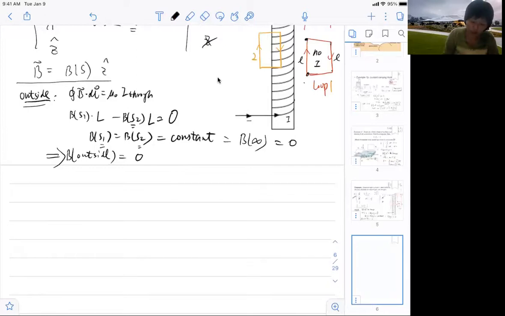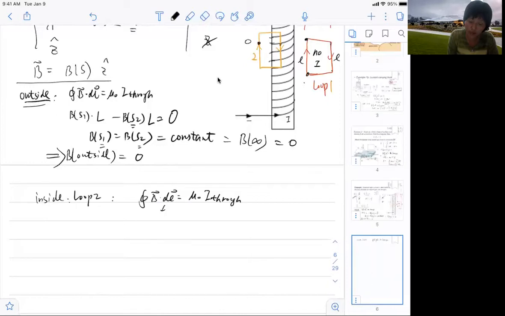No problem. For the inside, we are going to draw loop 2 cutting across your solenoid with current running through it. You can see all of these are current through it. So let's do Ampere's law: mu naught I through. I already said B outside is 0, so there is no B dot dL on this leg.